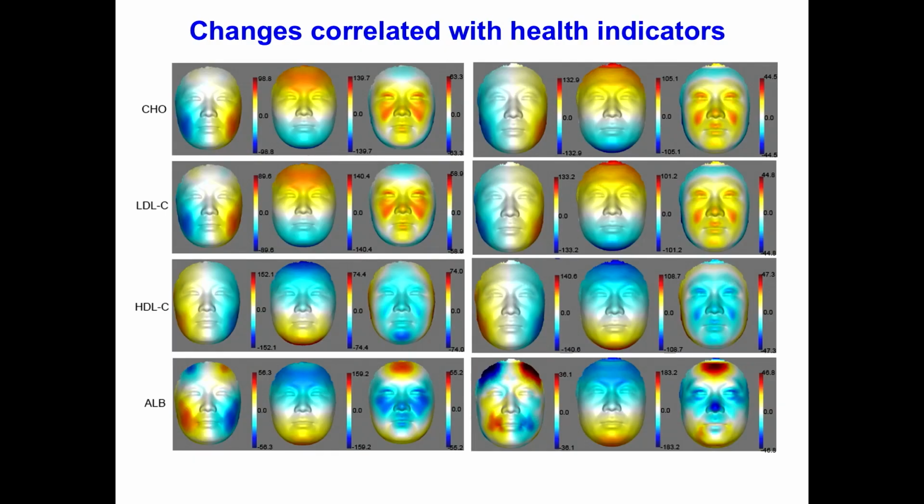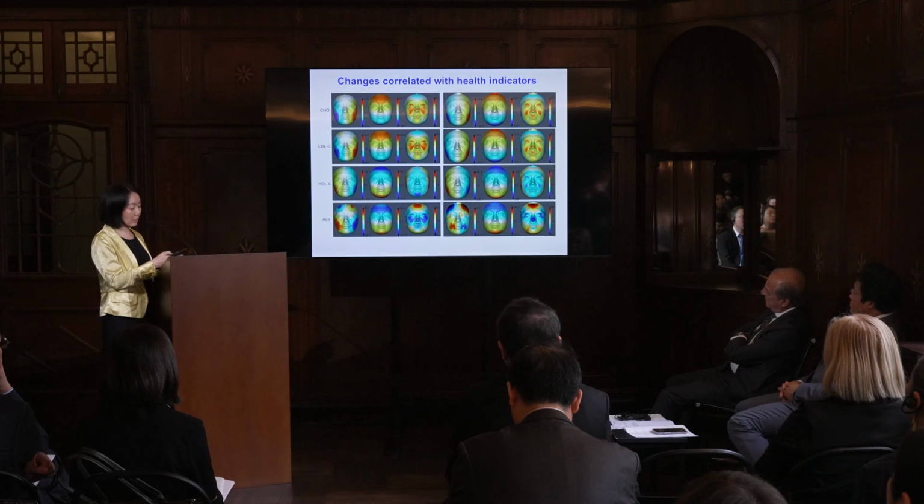Both the total cholesterol level, low density cholesterol, LDL, and high density cholesterol show this opposite pattern to the two upper lines. And albumin is very unique. In particular, albumin in men is very strongly associated with the forehead size.